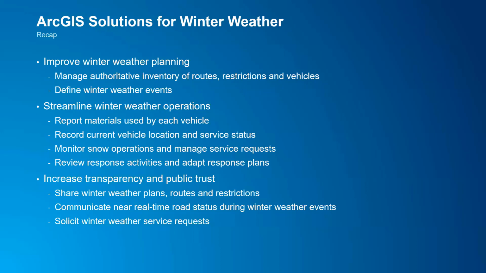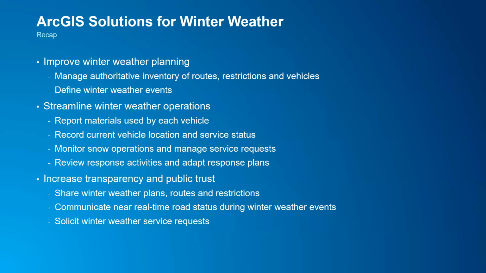You can also use this solution to streamline your operation. So during an event, using it to report material usage, to record vehicle locations and their service status. You can use it to monitor your operations. So how are you progressing during the event?